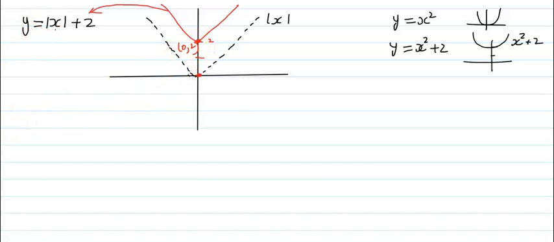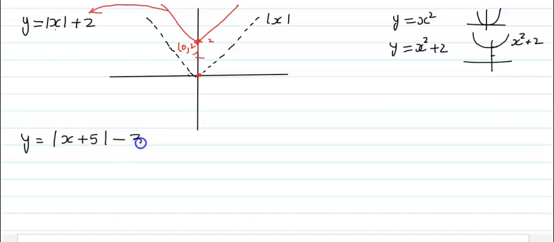Now if a question comes like this, y equal to modulus of x plus 5, minus 3, it is the same idea. If it is y equal to x square minus 3, it means this is our y equal to x square graph, and x square minus 3 goes 3 units down: minus 1, minus 2 and minus 3.